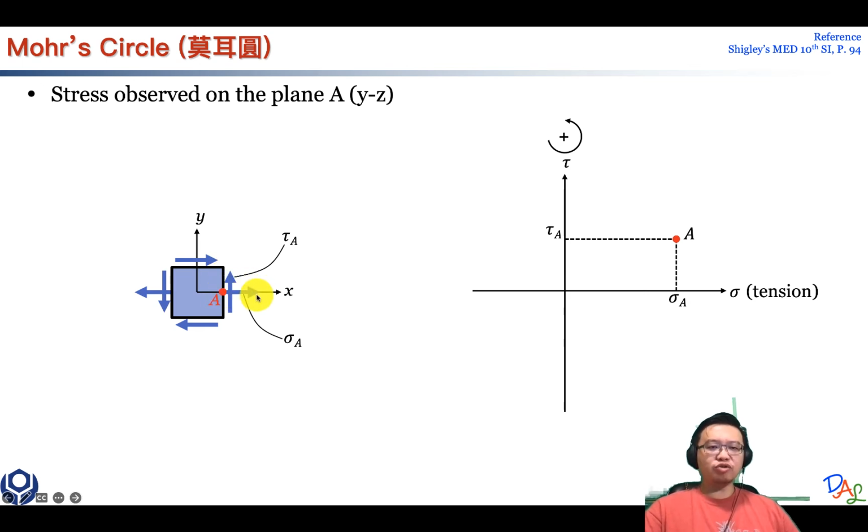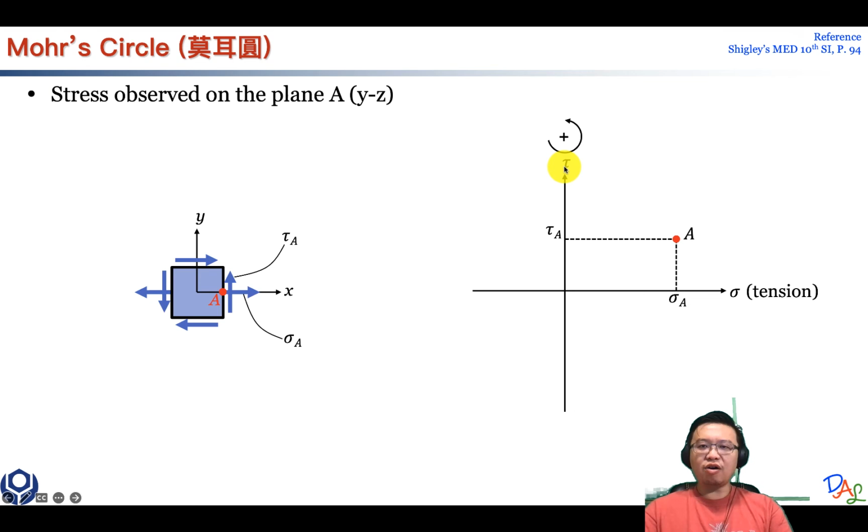So this normal stress has the magnitude of sigma A. You can make a drawing like this. The horizontal axis is your sigma, and you assume positive sigma represents tension. You can have another axis right here, and you plot out your shearing stress, but you need to specify the orientation.